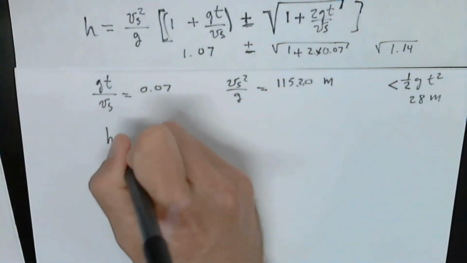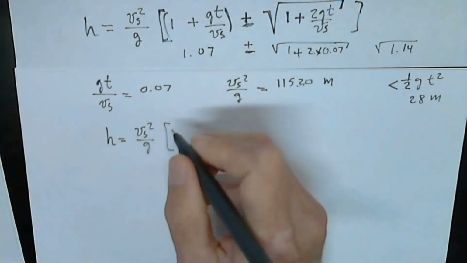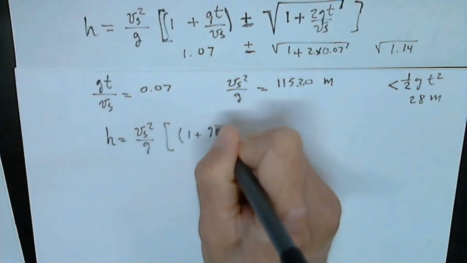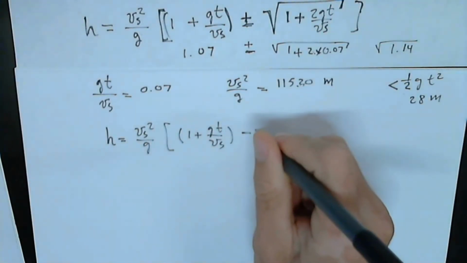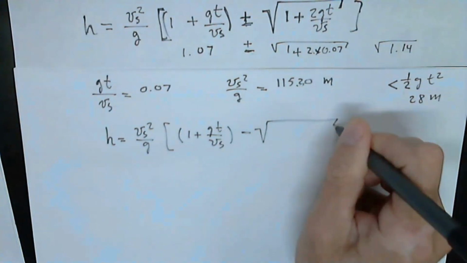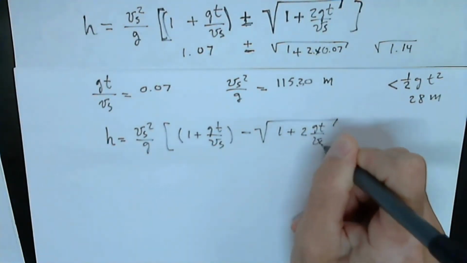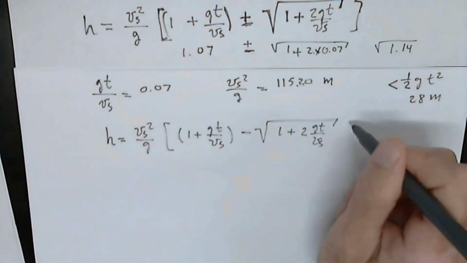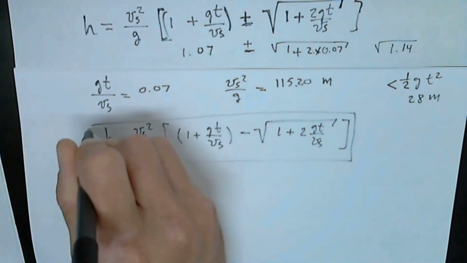So h is bs squared over g, minus, over bs. So this is the height.